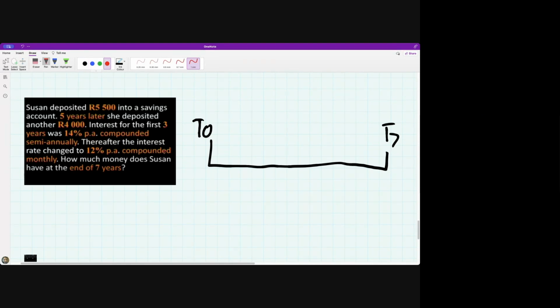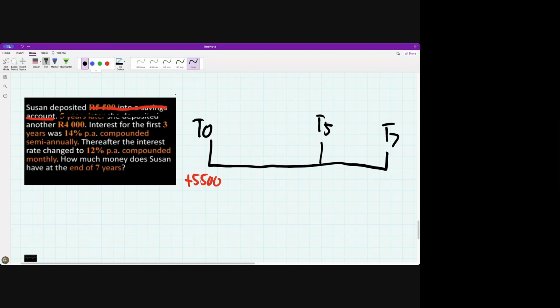Okay, so I'm even going to put plus 5,500 because 5 years later. Okay, well, 5 years later must be T5. Okay, well, I'll deal with that in a moment. I'll come back to that. Interest for the first 3 years.